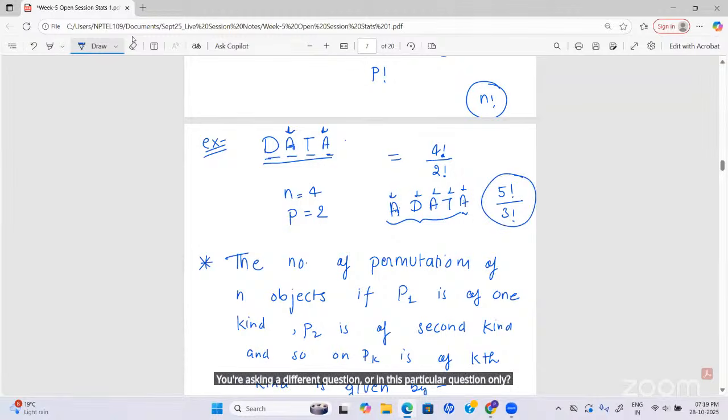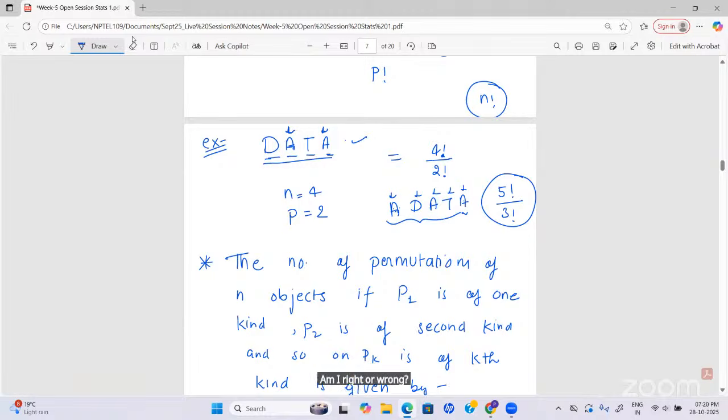No, I'm asking that when we have repeated A 2 times, the answer is coming 3 raised to power 4. Am I right or wrong? Okay, so what word are you taking first of all? The old word, DATA. Okay, you are taking the word DATA. Yes, in this scenario, the answer is coming 3 raised to power 4. Am I right or wrong?